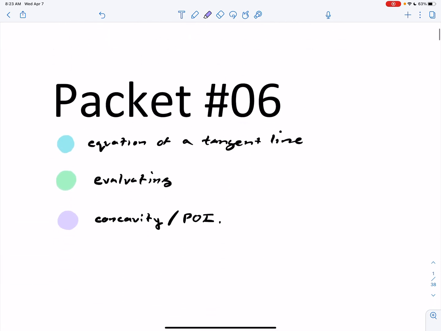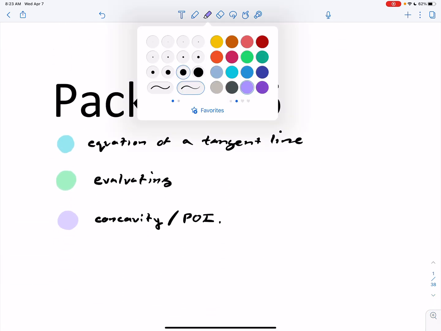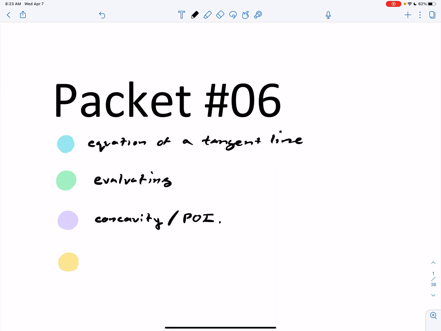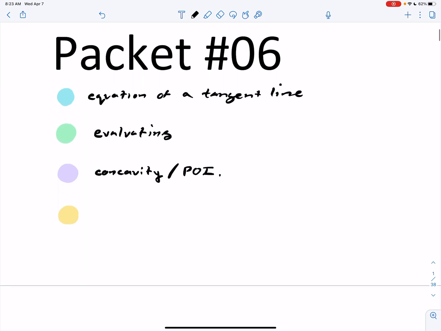Okay? All right, here's the last one. The last one is reoccurring. Let's use yellow. And again, this one here takes up a lot of time, but not necessarily difficult, okay? You guys have seen it at least twice already.